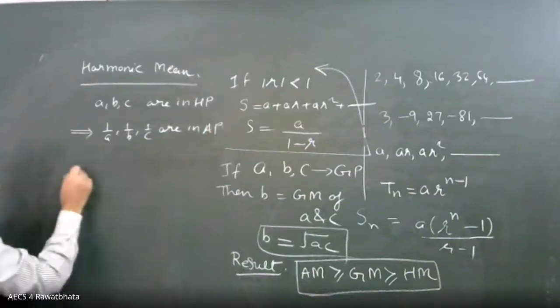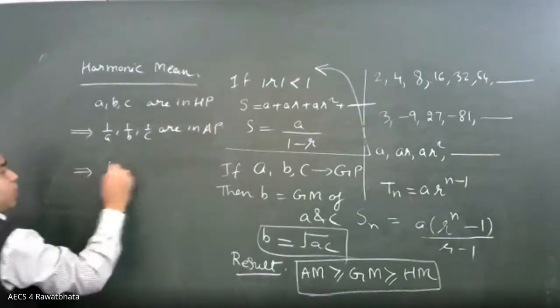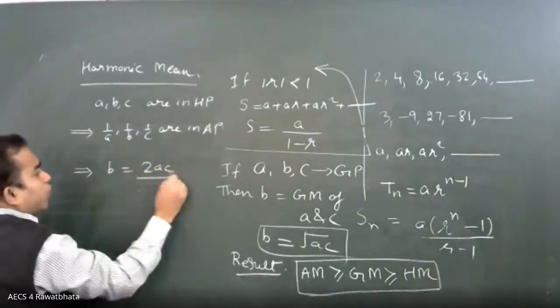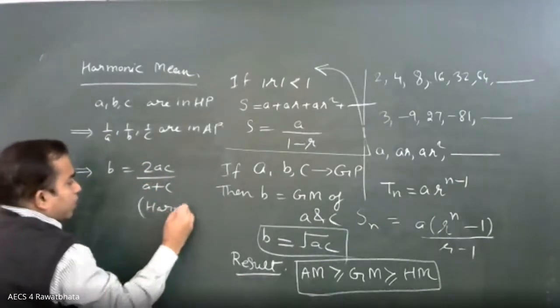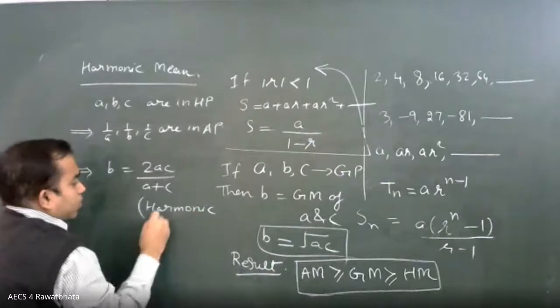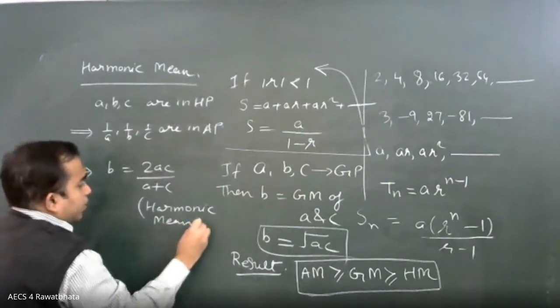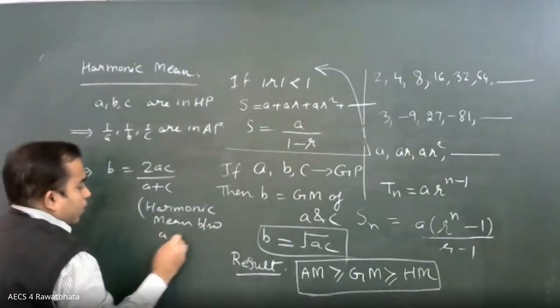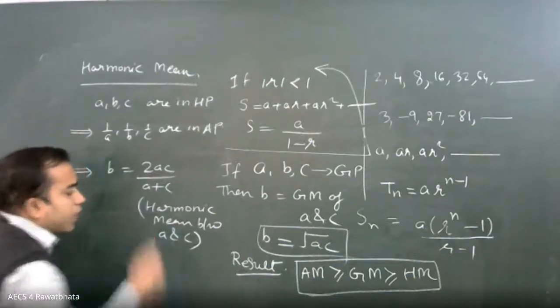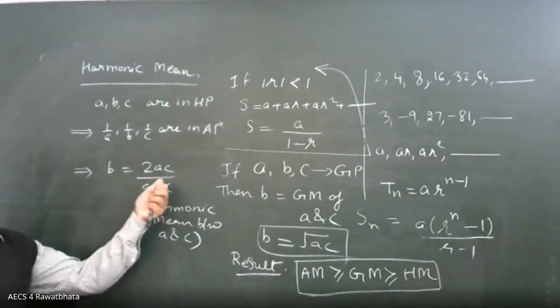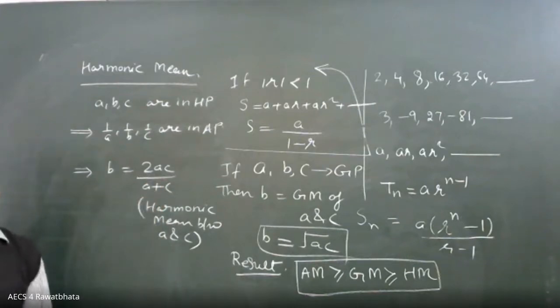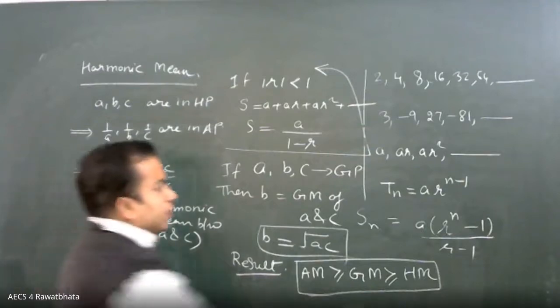Using this, we got that B equals 2AC upon A plus C. So this is called the harmonic mean between A and C. To calculate the harmonic mean of two quantities, the formula is twice AC upon A plus C. Right? This we saw.